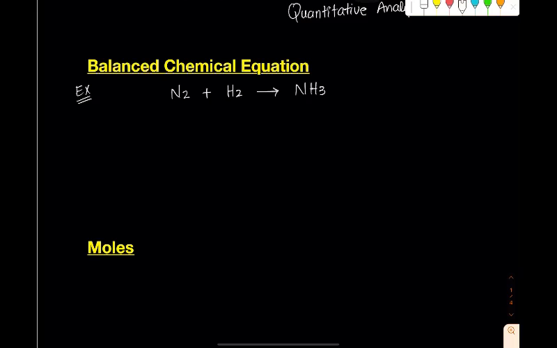This reaction has industrial importance and is known as the Haber process, which is used to produce ammonia. If we look at this reaction, we see there are 2 atoms of nitrogen and 2 atoms of hydrogen on one side, but on the other we have 1 atom of nitrogen and 3 atoms of hydrogen.